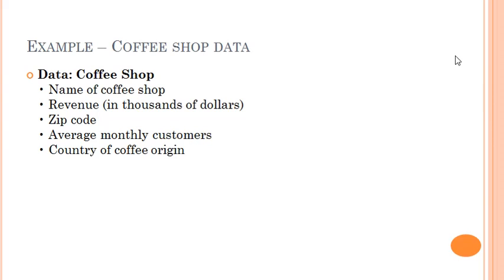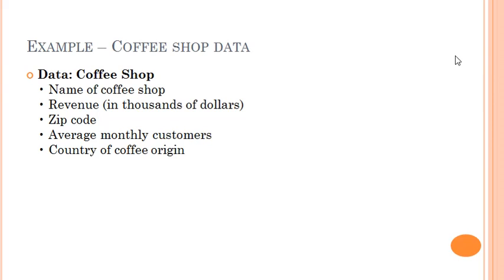For example, we have some data related to a coffee shop, right? So the data which is related to a coffee shop can consist of the name of the coffee shop. It can also include the revenue which is being generated maybe on a daily basis or on a monthly basis, and it can be in thousands of dollars.